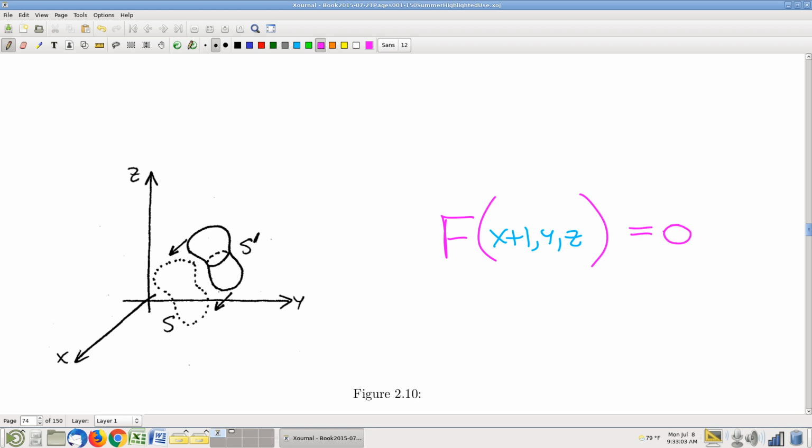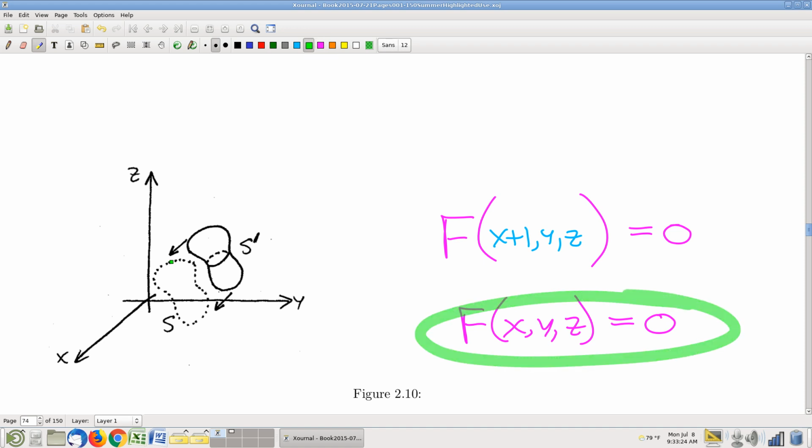And we want to know, how does that relate to our original equation, which was just f of x, comma y, comma z equals 0. Okay, so here's the way I want to break this down. Again, let's presume that I know what the set of solutions to this looks like. Suppose that I know that that's some surface S, for example.